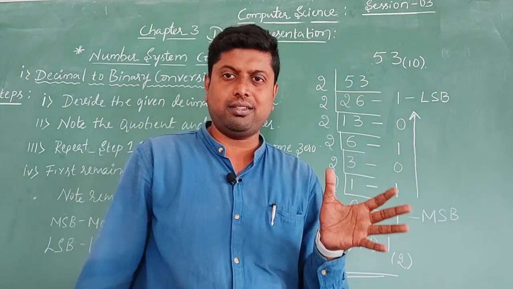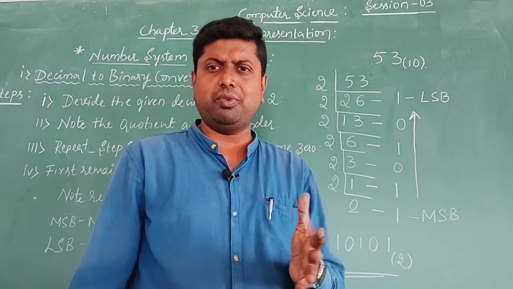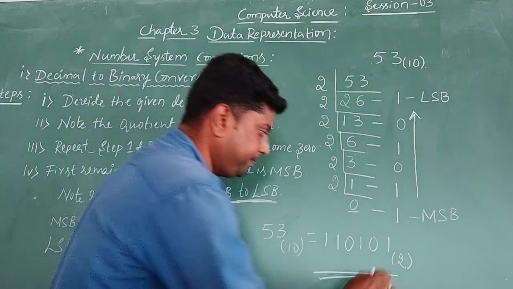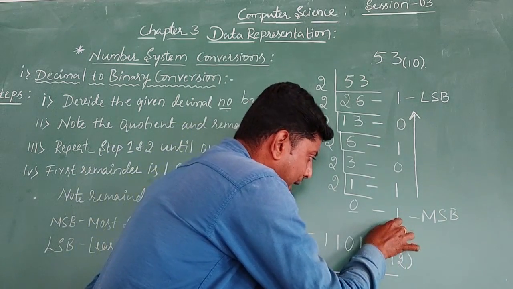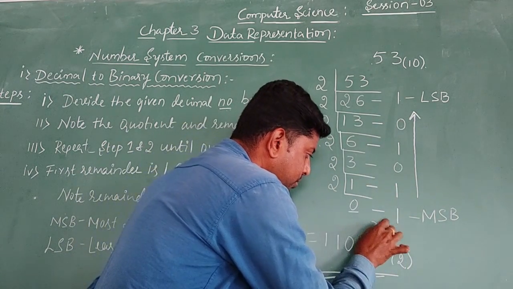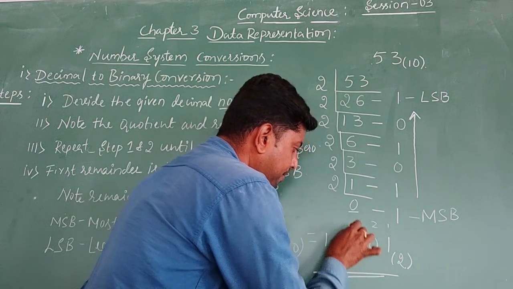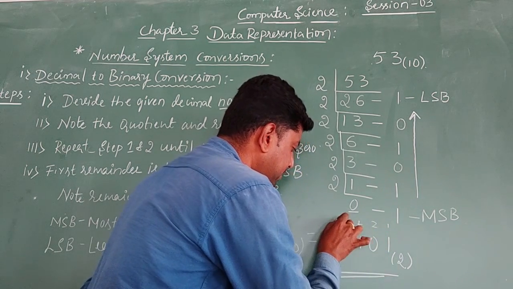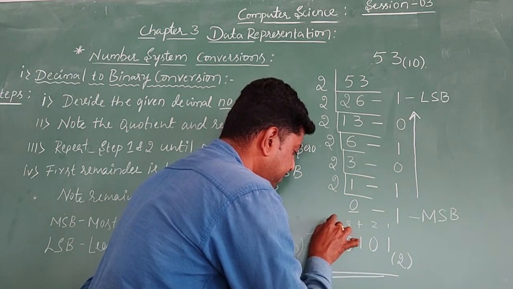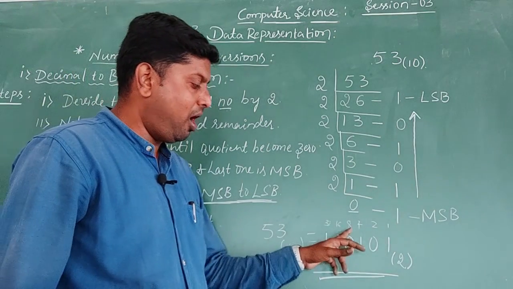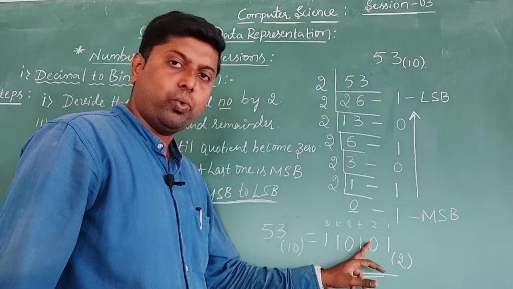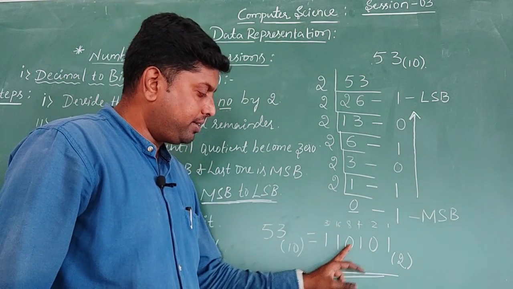See, yesterday we discussed binary numbering systems. Consider the binary numbering system like this. This should be 1, 2, 4, 8, 16, 32. Now just add all the places where you have ones. Neglect the 0 parts.